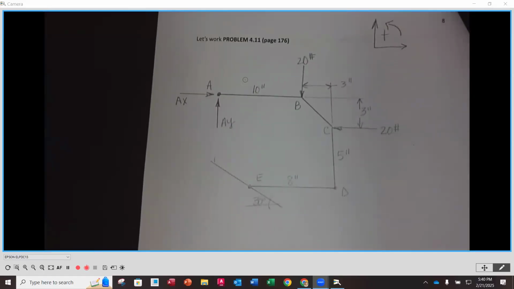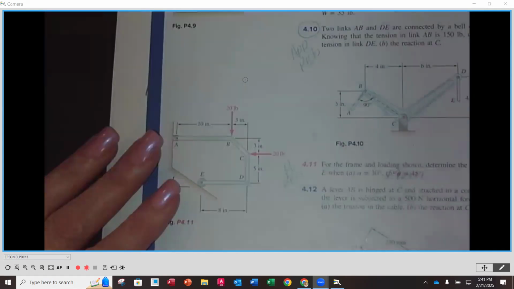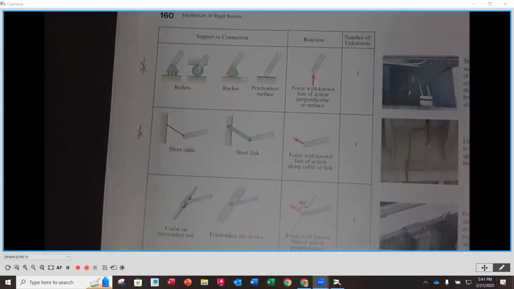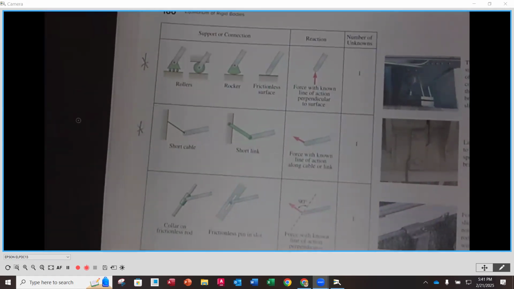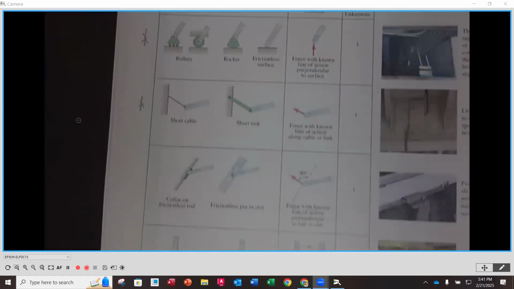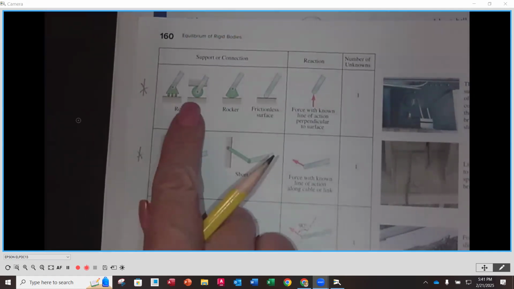As we look at E, this one might be a little bit more obvious, looks like that. So if I pull in my options here from page 160, any ideas which ones that would apply to? Roller. Looks like a roller, right?